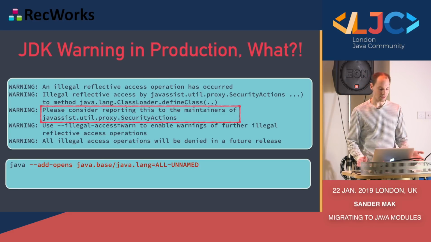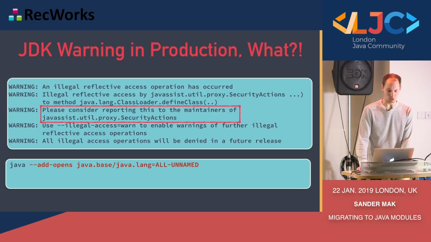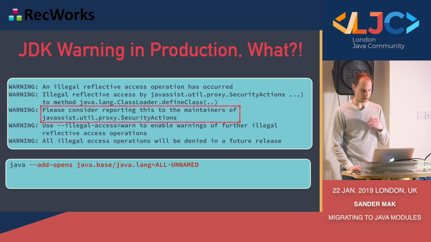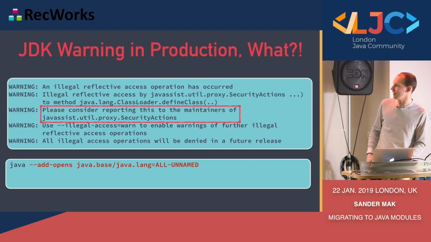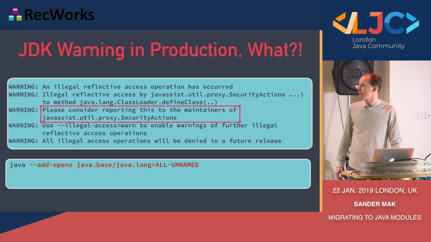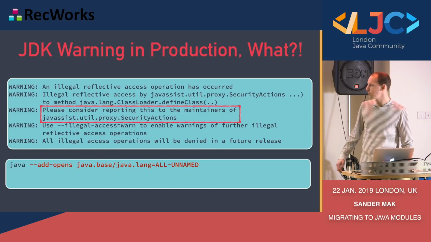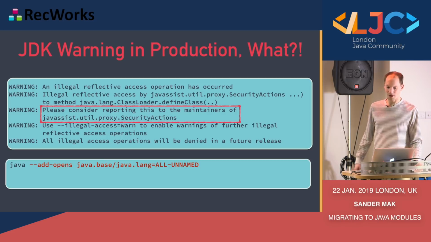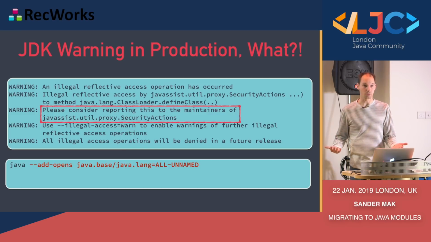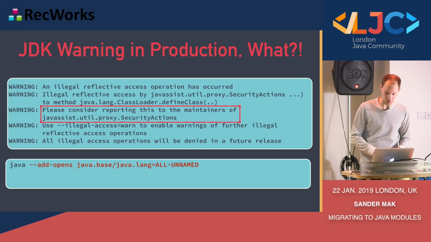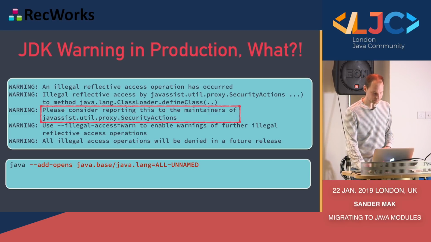Please make it possible for Javassist to actually use this defineClass method even though it shouldn't. And you do this using the add-opens flag. And you can provide it to the runtime where you say, okay, from the java.base module, please, everything that's in the java.lang package, which includes ClassLoader, what we're talking about, open this up to the unnamed module, because our code is still running on the class path, right?